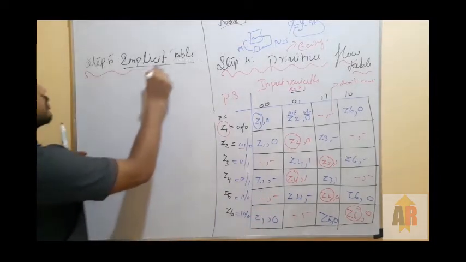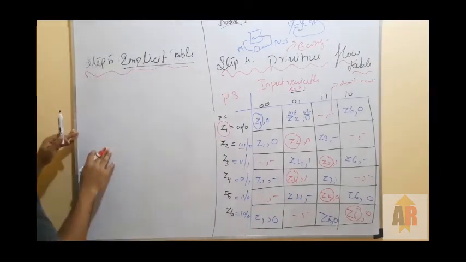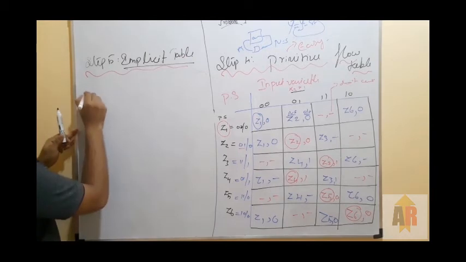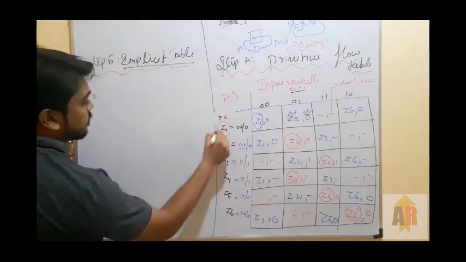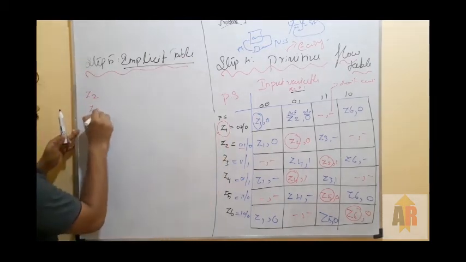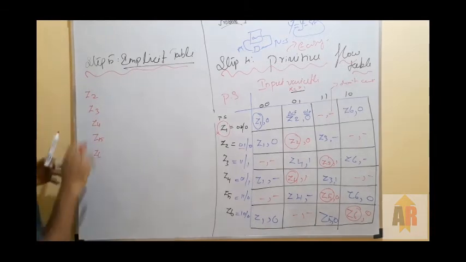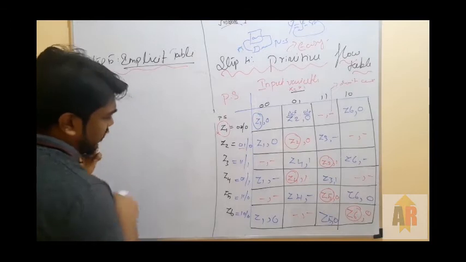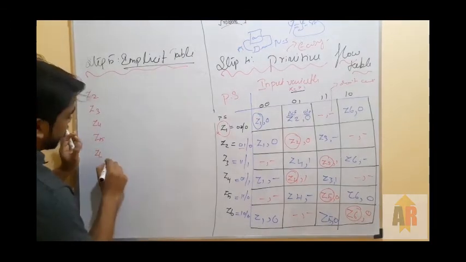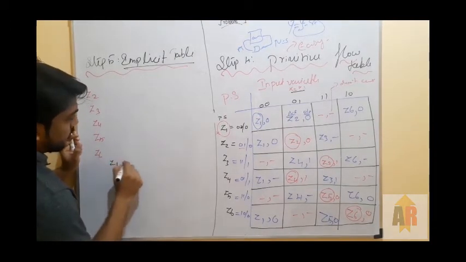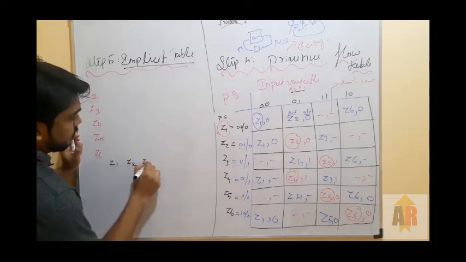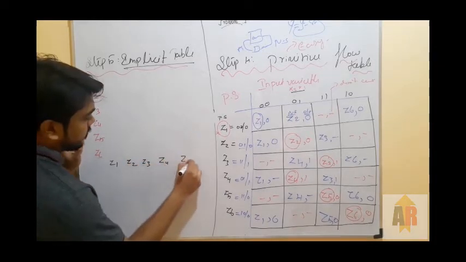For designing the implicit table, what I am going to do is first write Z1, Z2, Z3, Z4, Z5 and Z6 in one column. Then row wise write Z1, Z2, Z3, Z4 and Z5.